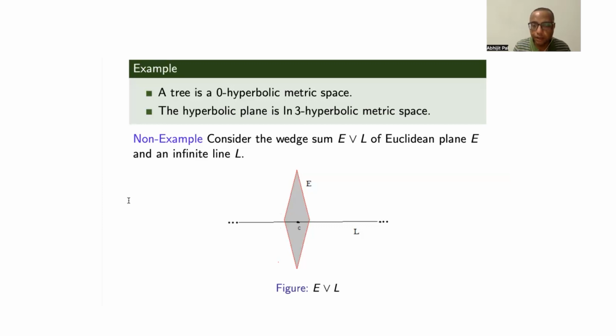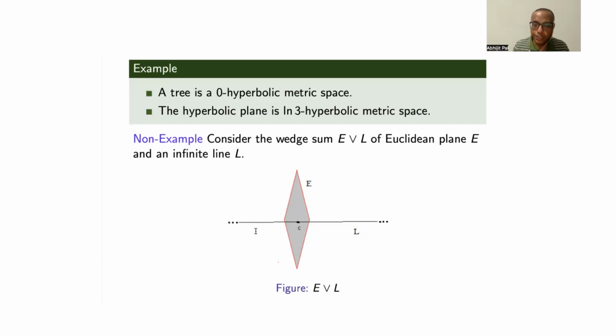For example, take E to be the Euclidean plane and L to be an infinite line, and take the wedge sum of E and L. The plane E and L intersect only at a single point here, C. Because the Euclidean plane is isometrically embedded in the space, this will not be a hyperbolic metric space.